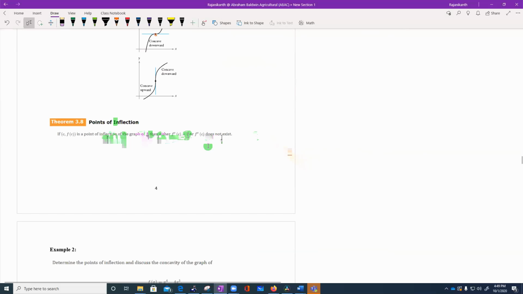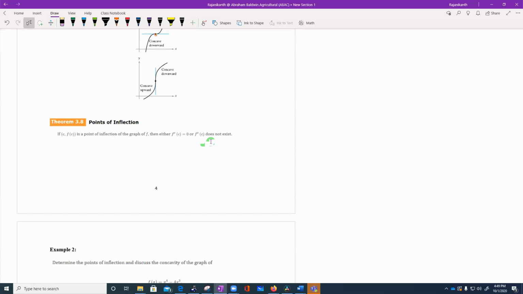Remember, like finding critical points for the function, right? Go back and check your notes 3.2. We found the critical points where the first derivative is 0 or does not exist. In a similar way, you could think of finding a point of inflection as nothing but the second derivative being 0 or not existing. So those kinds of points are going to be inflection points.